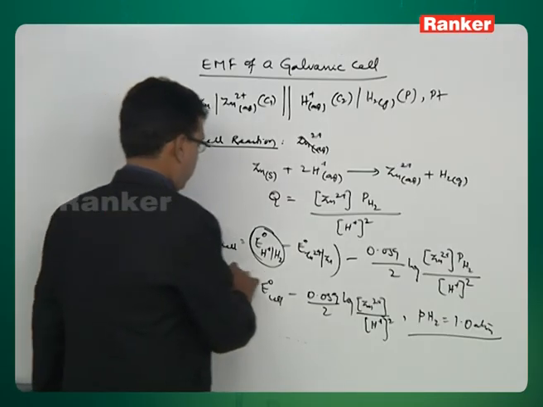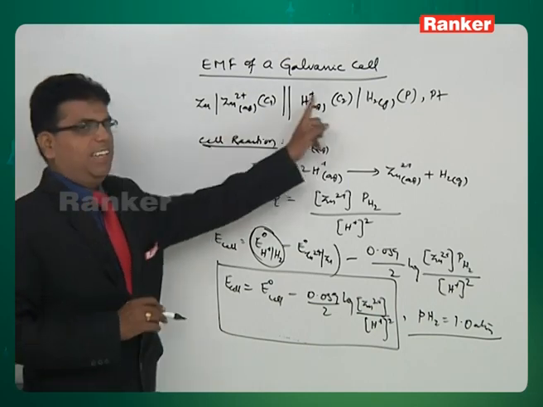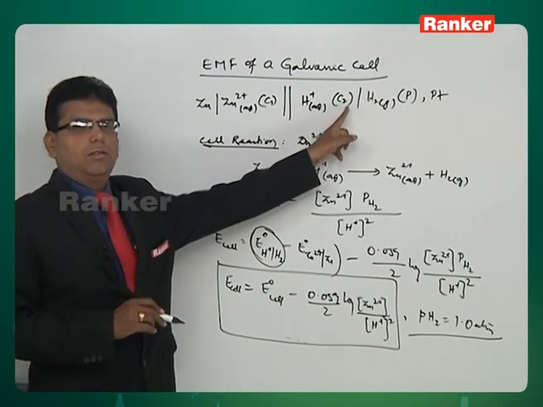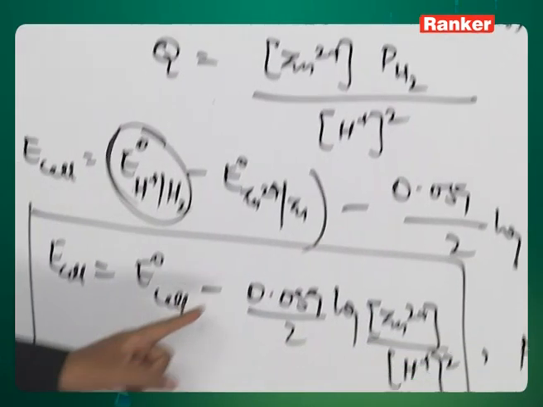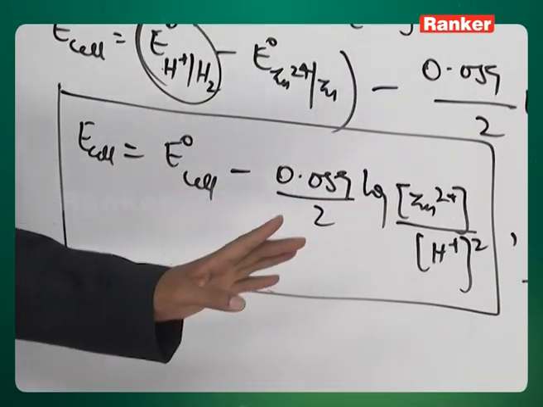So, this is the expression for the zinc hydrogen galvanic cell. For a zinc hydrogen galvanic cell, the Nernst equation can be written like this.